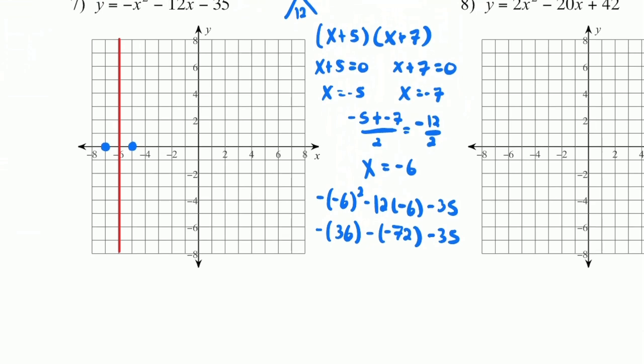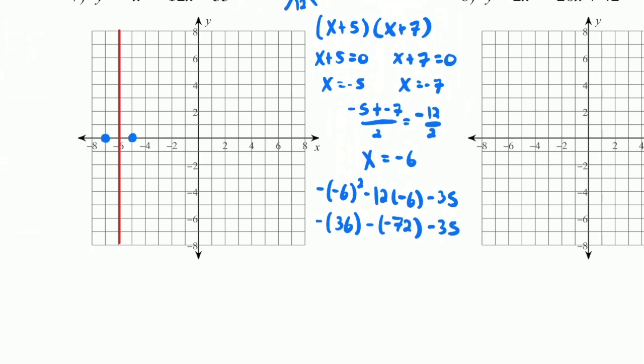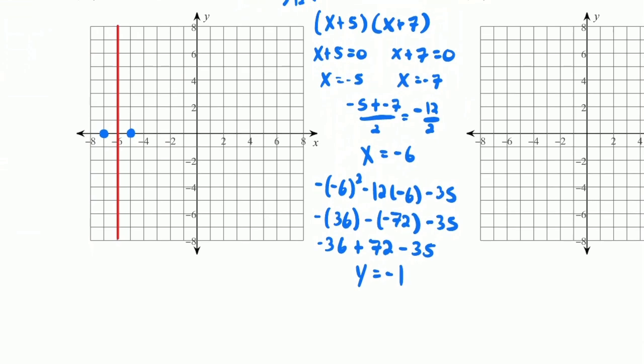I'll make sure I get rid of my double negatives here and distribute my negatives in. So that'll be negative 36 plus 72 minus 35, which when I combine all that together will give me negative 1. So I know my vertex now is going to be at negative 6, negative 1, and that will be that point down here.